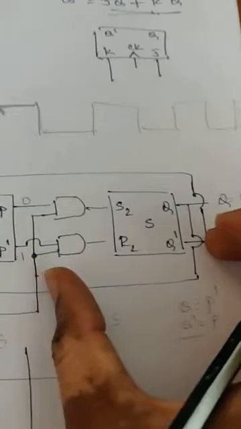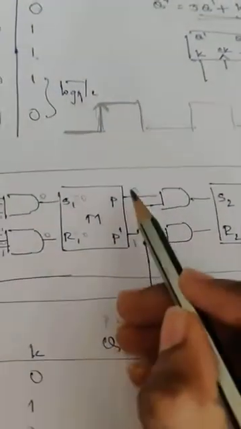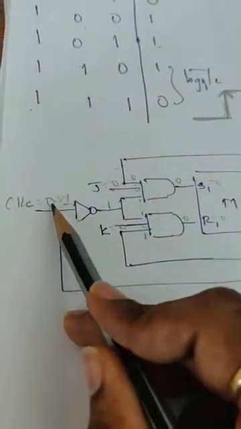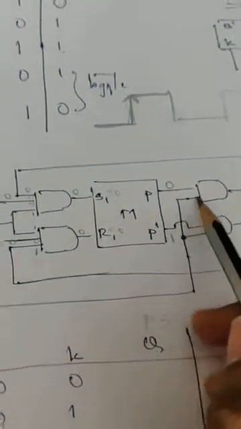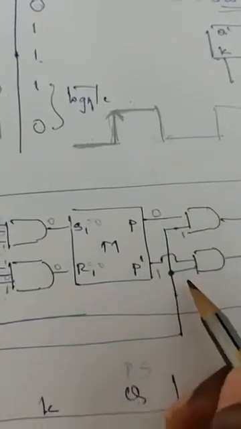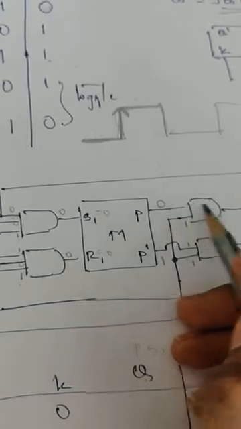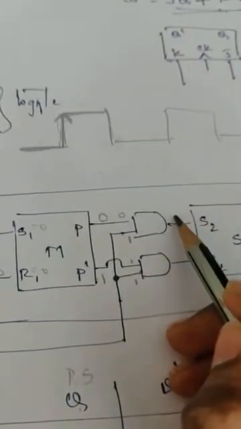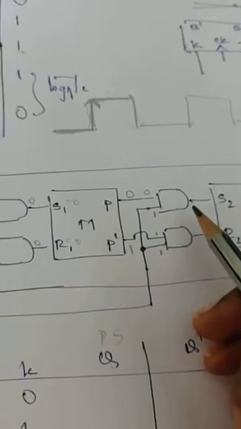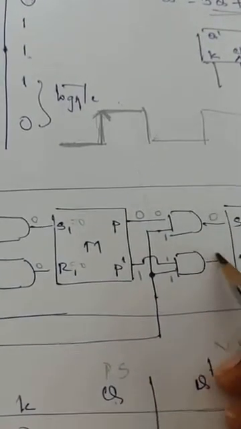Now we need to concentrate on the second half of the circuit. Look at this connection. When the clock moves from 0 to 1, this 1 will be passed here, so this will be 1 and this will be 1. This P bar is 1 here, and this is 0. So 0 and 0 is 0, and 0 and 1 is, in case of an AND gate, 0, while 1 and 1 is 1.